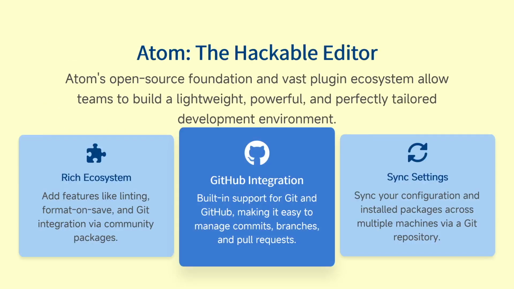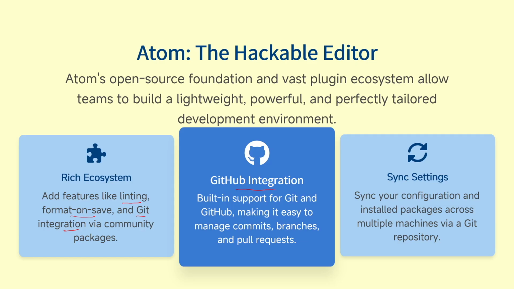The fourth one is Atom. This is an open source editor that is very lightweight and also powerful. It has a rich ecosystem with linting, formatting on save, and Git integration is also possible. Git integration is actually the big support provided in Atom.